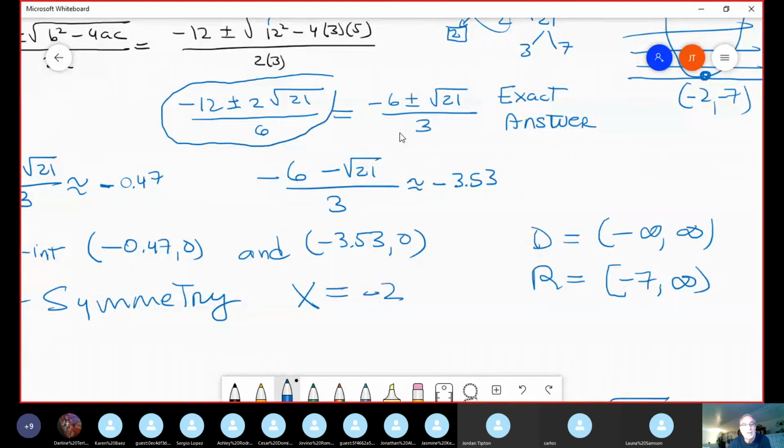Now 12, 2, and 6 are even numbers. So mentally you divide by 2: 12 divided by 2 is 6, 2 divided by 2 is 1, an invisible 1 here, and 6 divided by 2 is 3. Because I want to reduce my answer to lowest terms. Makes sense.